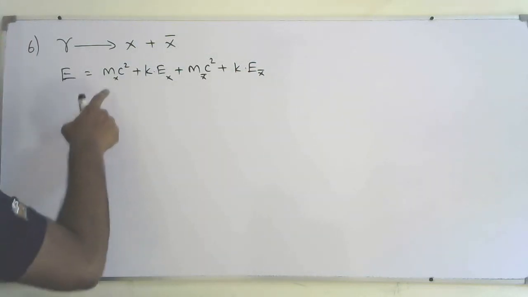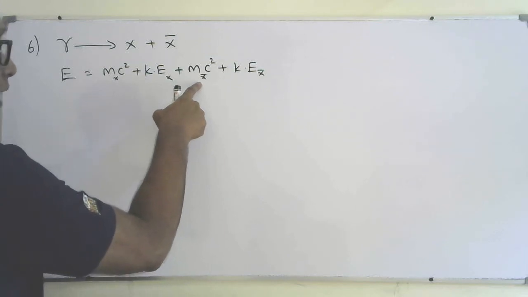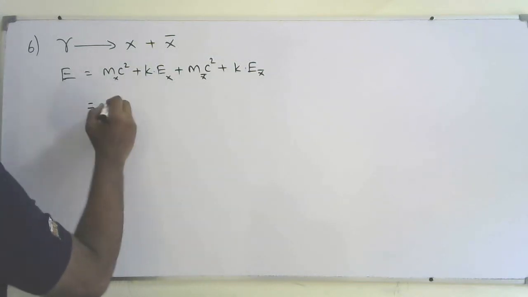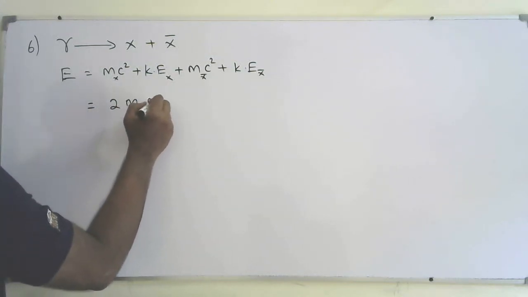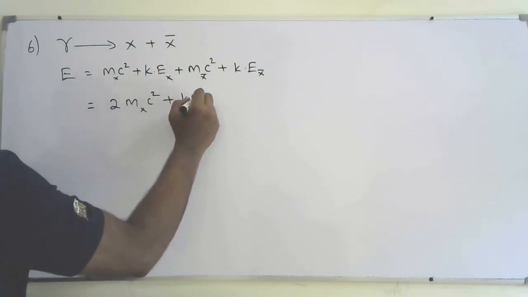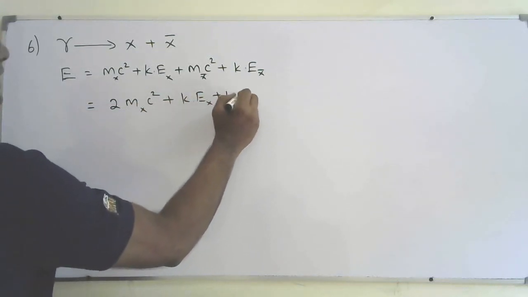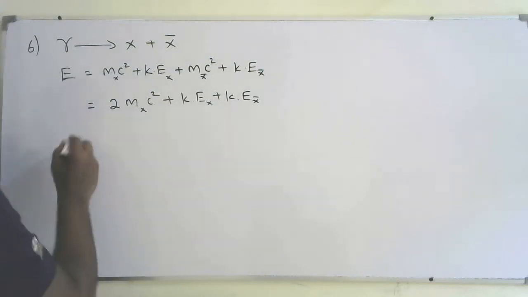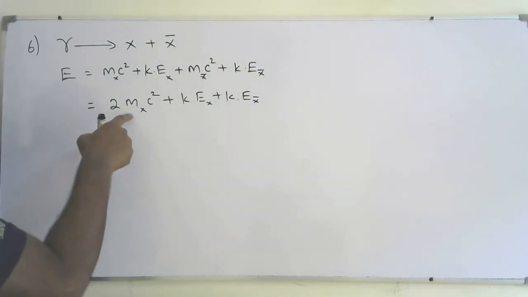Okay, so mass of X and mass of X bar are the same. So I can write this: 2 times mass of X c square plus kinetic energy of X plus kinetic energy of X bar. So we need to find the maximum mass.